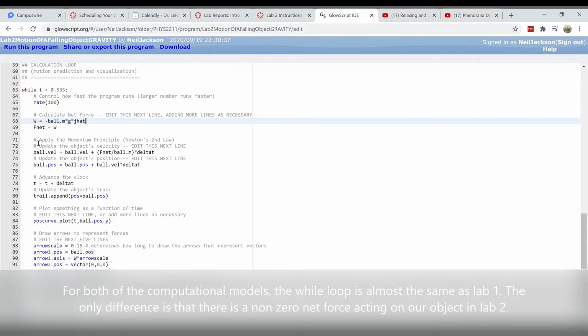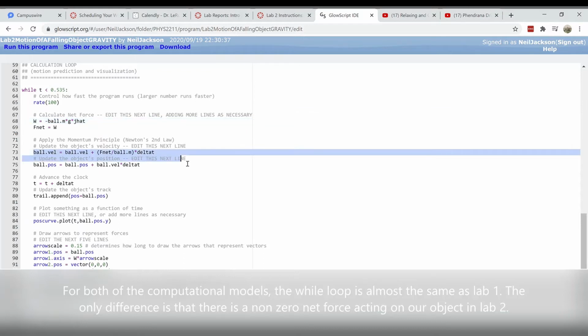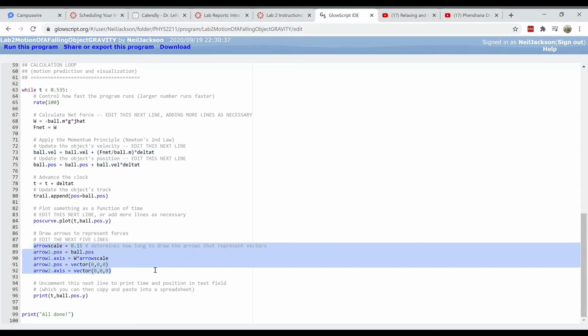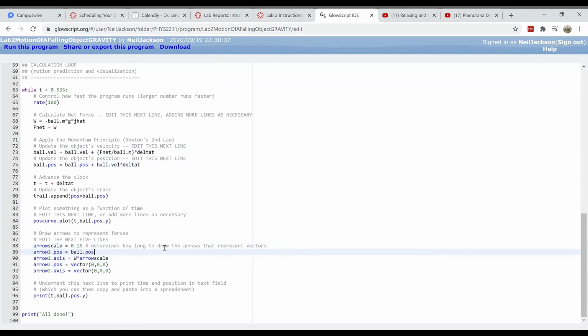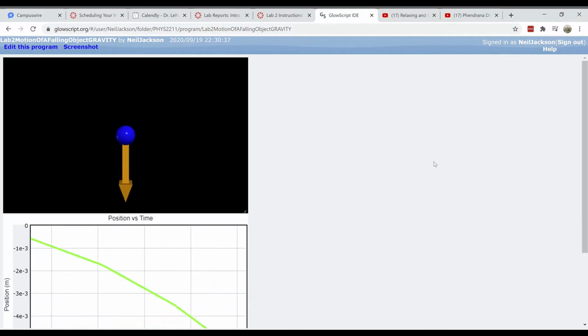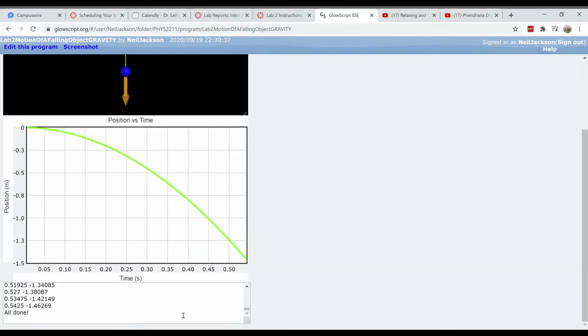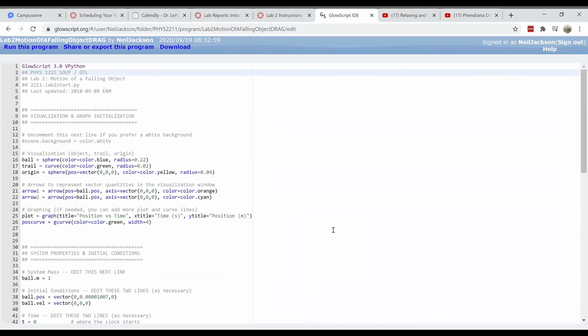And then in order to update the ball's position and velocity, I used the given formulas, and then I put some arrows on my model so I could see the forces acting on it. And here's the program in action. As you can see, we have our model up top, graph in the middle, and our helpful points down below.